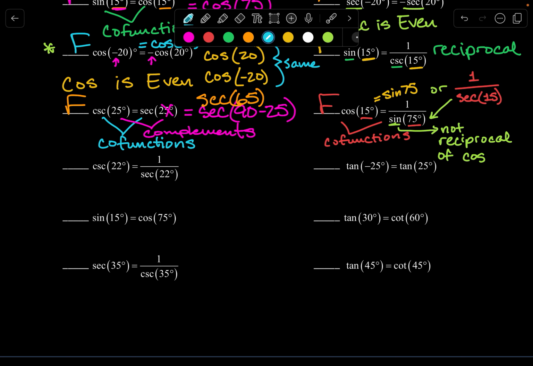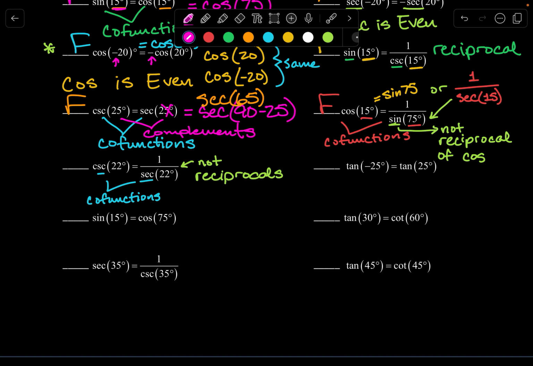Now we've got a similar looking problem over here. We've got cosecant and secant. Those are cofunctions. However, just like we had over here, it's under 1 and they are not reciprocals of each other. So they're kind of mixing concepts that are making them wrong. So how could we make this true?